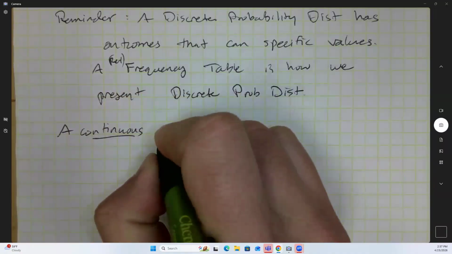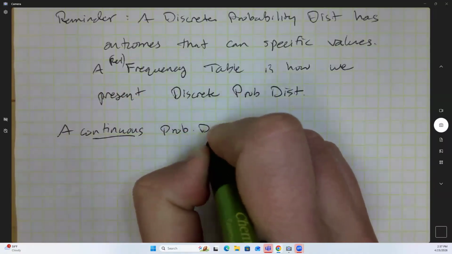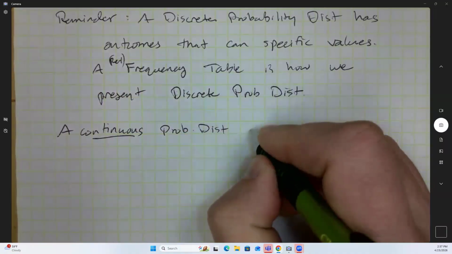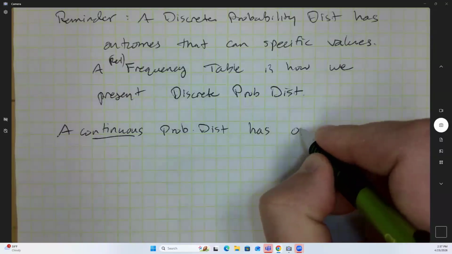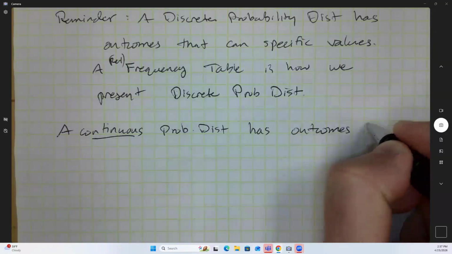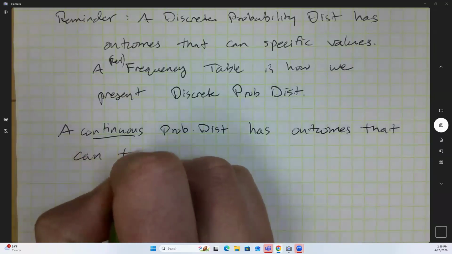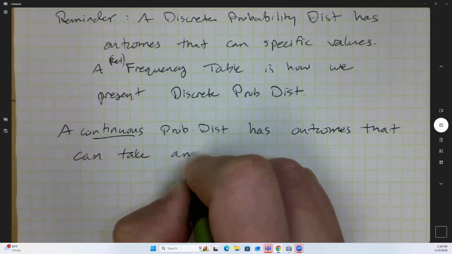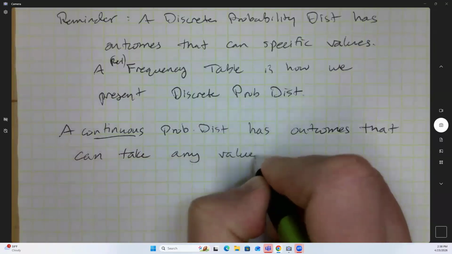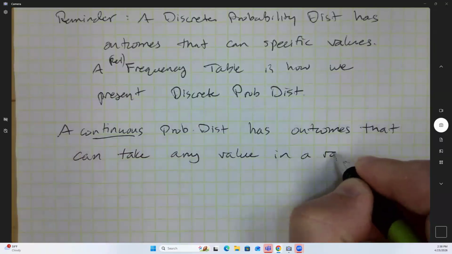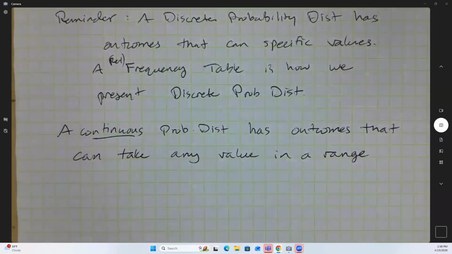A continuous probability distribution has outcomes that can take any value in a range. I explained this to my Math 95 class as imagine you have pancakes.